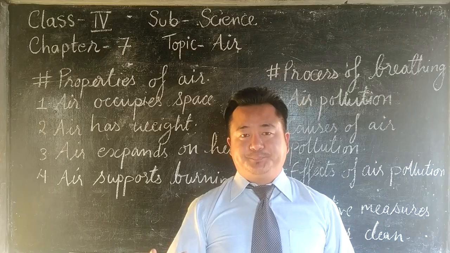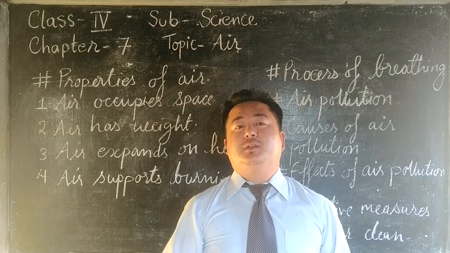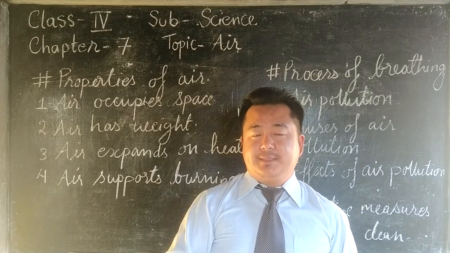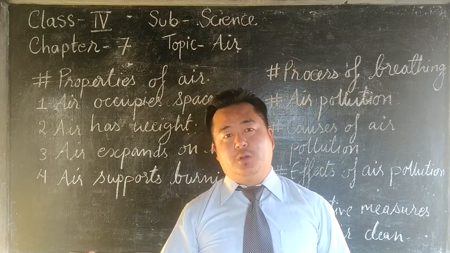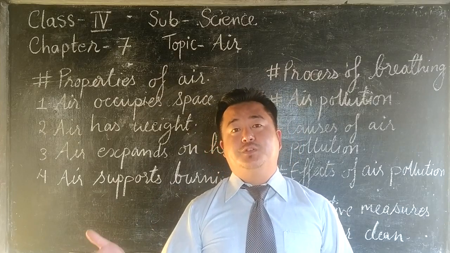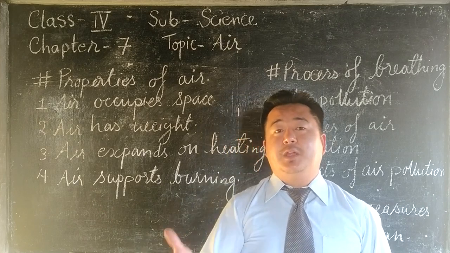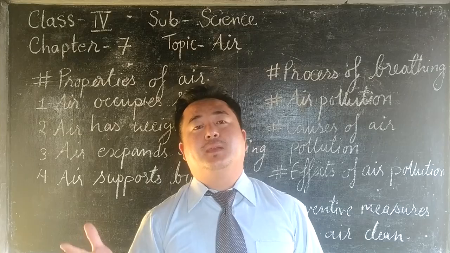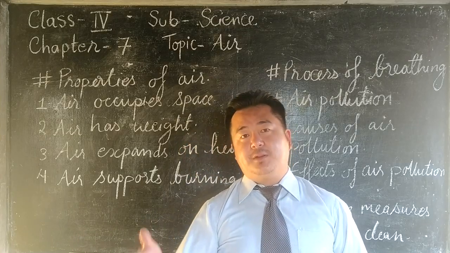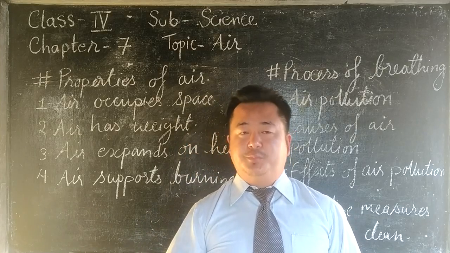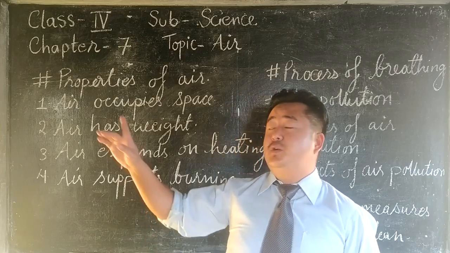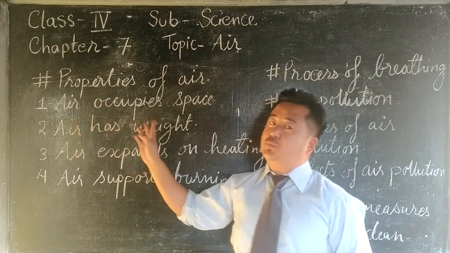If you take a football, the weight of the inflated and the deflated football differs. Obviously, the weight of the inflated football is heavier compared to the flat football. So the second property of air is that air has weight.